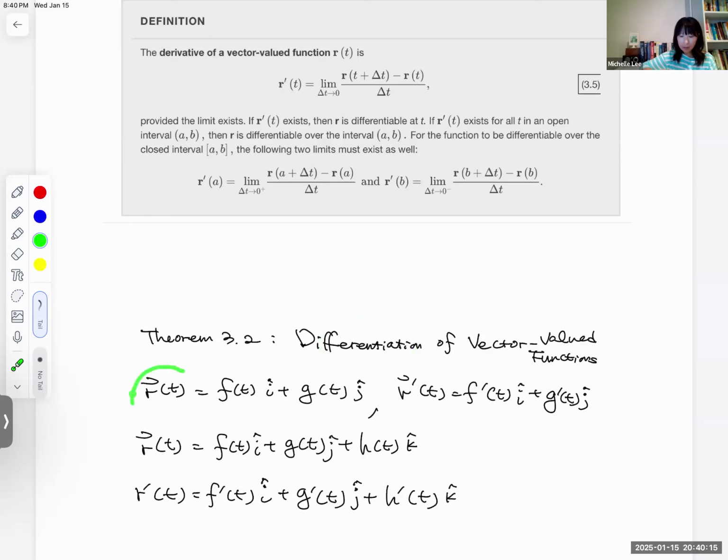So this is a vector valued function, f of t in the i direction, g of t in the j direction. This is the plane, right? Two-dimensional. And then we do the derivative respectively, so f prime of t, g prime of t.